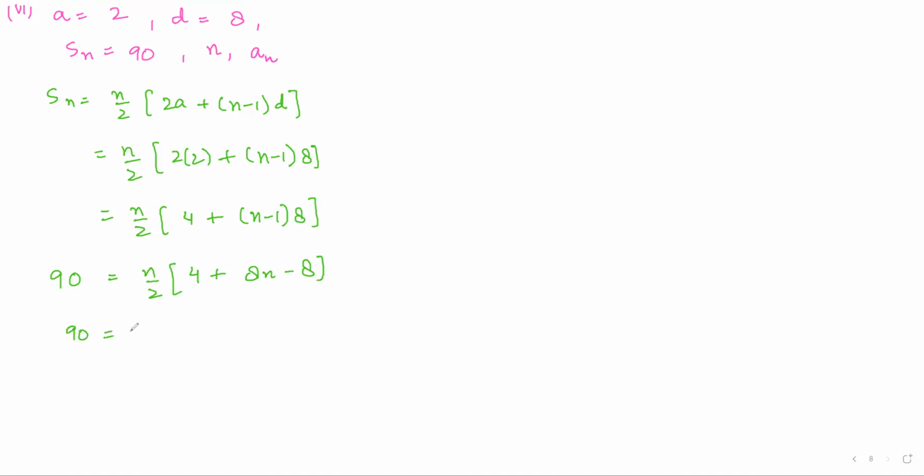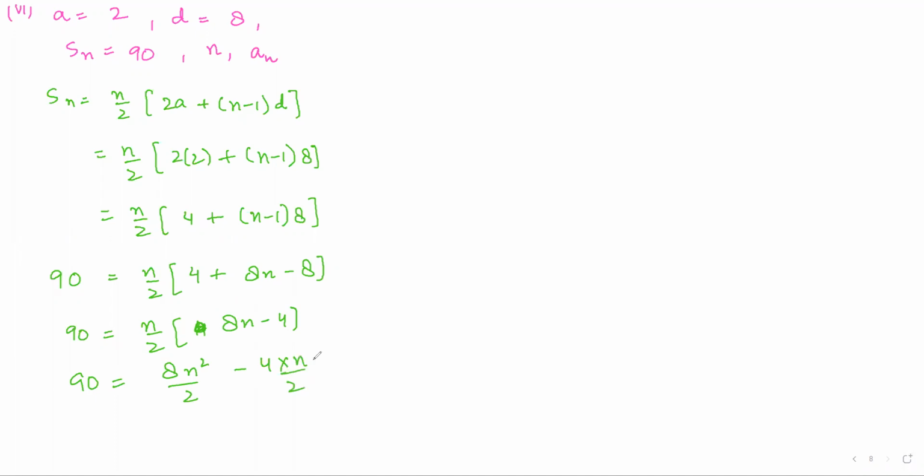So 90 is equal to n by 2, 4 minus 8 will give you minus of 4, so 8n minus of 4, correct? Now 90 is equal to, if you open the bracket now, 8n square divided by 2 and minus 4 into n by 2, right?